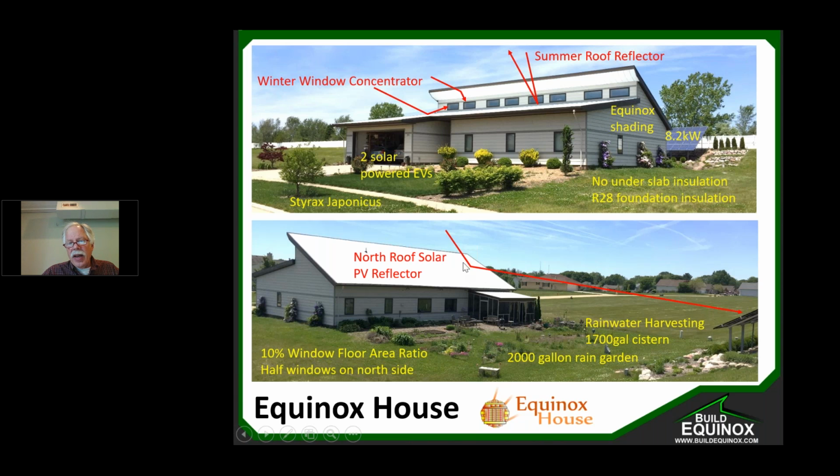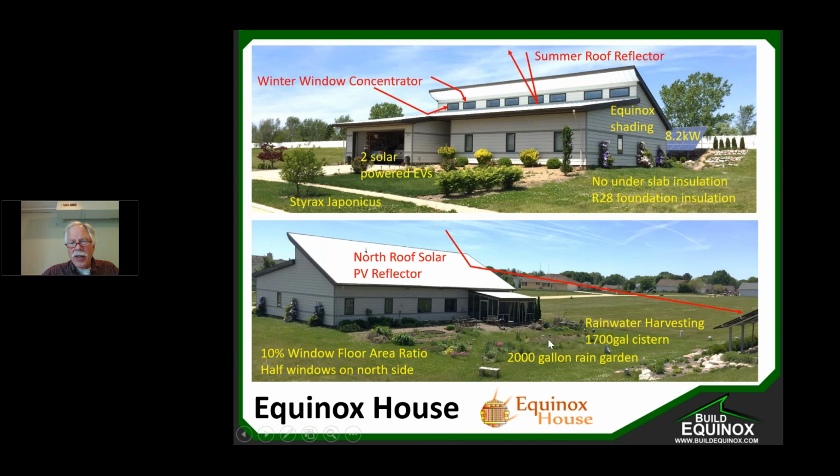We get a nice, almost 10% bump of solar reflection from spring to fall equinox off of this roof onto our ground-mounted solar collectors. And the only reason the collectors are mounted on the ground is we have a berm that makes it convenient for people who are visiting our home to kick the tires and see a solar collector up close and personal.